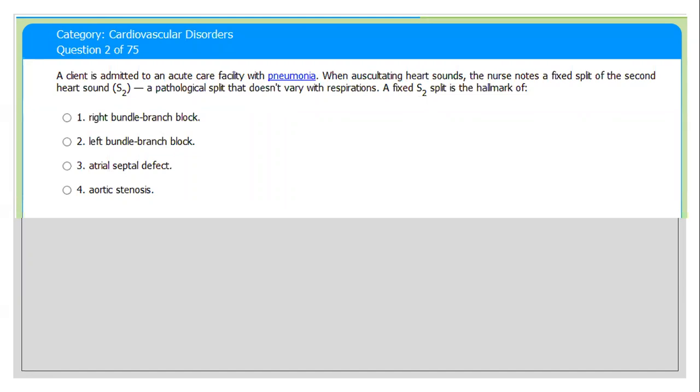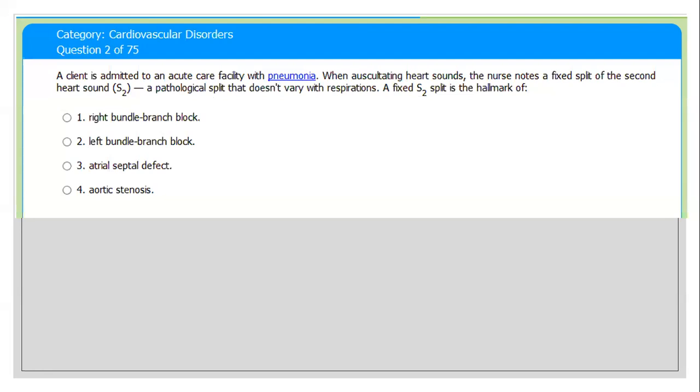What else? When auscultating the heart sounds, the nurse notes a fixed split of the heart sound S2, a pathological split that does not vary with respiration. A fixed S2 split is the hallmark for what?